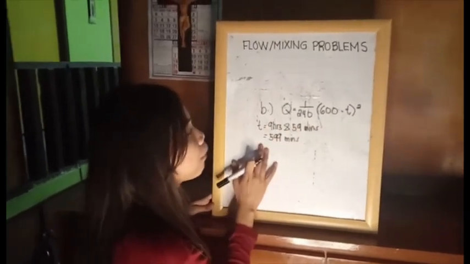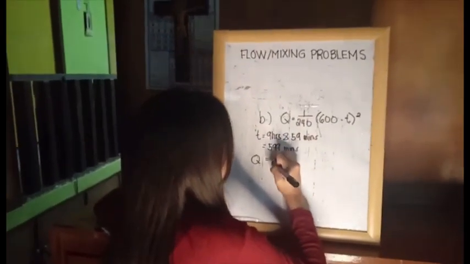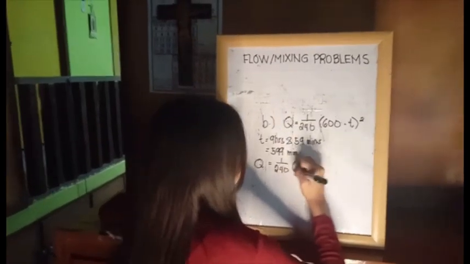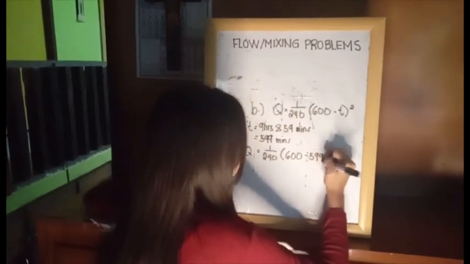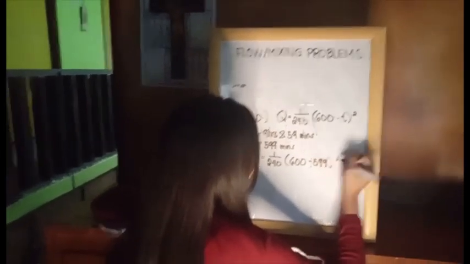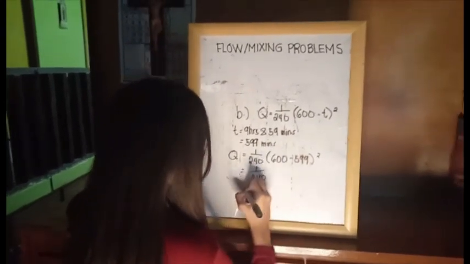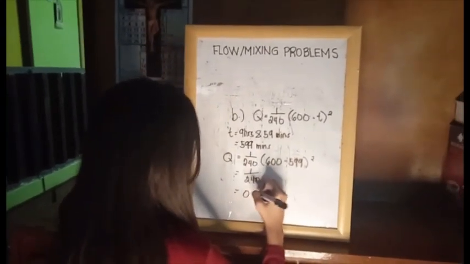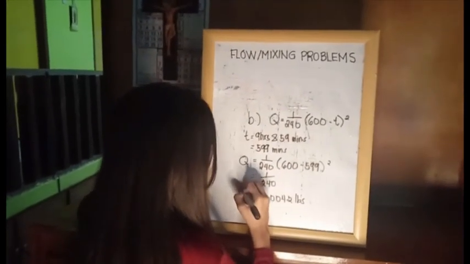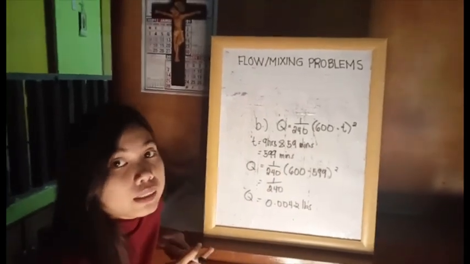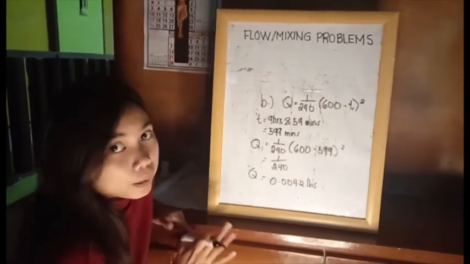Substituting this time into the equation, Q is equal to 1 over 240 times (600 minus 599) squared, which is equal to 1 over 240, or 0.0042 pounds. So the amount of salt left in the tank after 9 hours and 59 minutes is 0.0042 pounds.